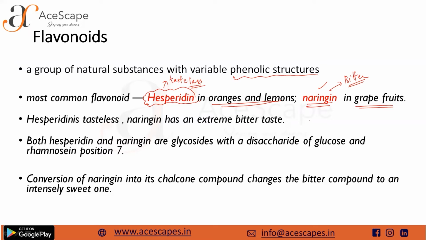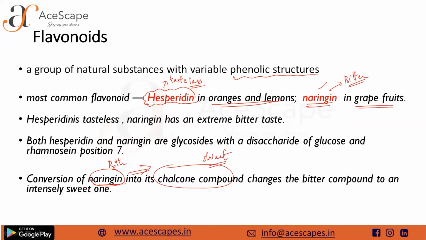As it ripens, the conversion of naringin will take place. That's why after ripening we have the sweet taste. As the fruit matures, naringin will convert into a chalcone compound, so the bitterness will change into a sweet taste.